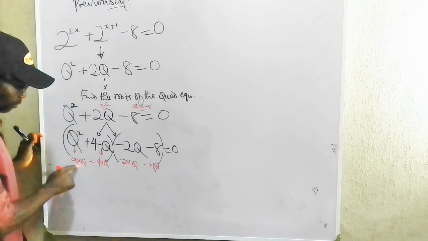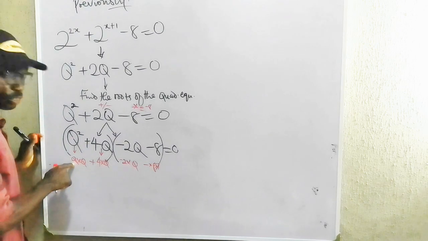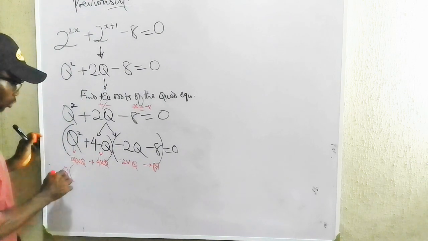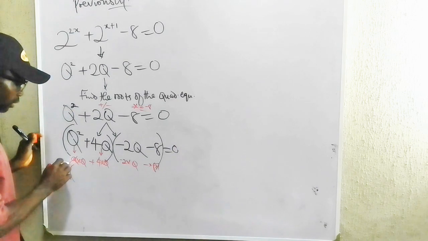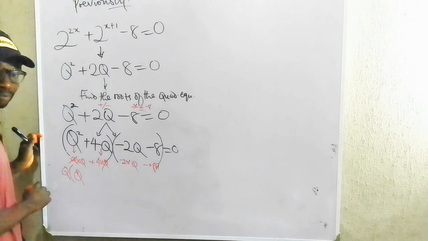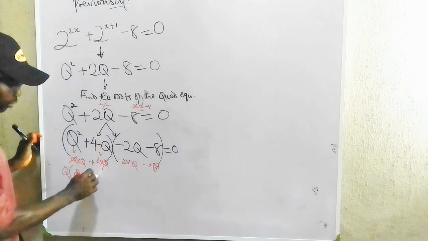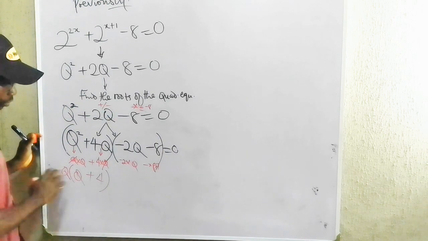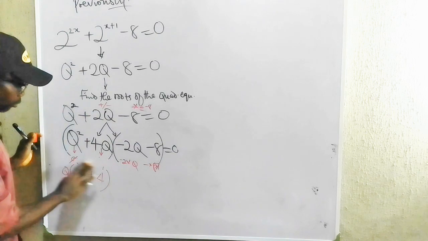So what is here that is also here? It is q. So if I bring one q out, what remains here? q. And what remains here? 4. So we've done factorizing this place. This one is done, so we can remove here to make it clear.